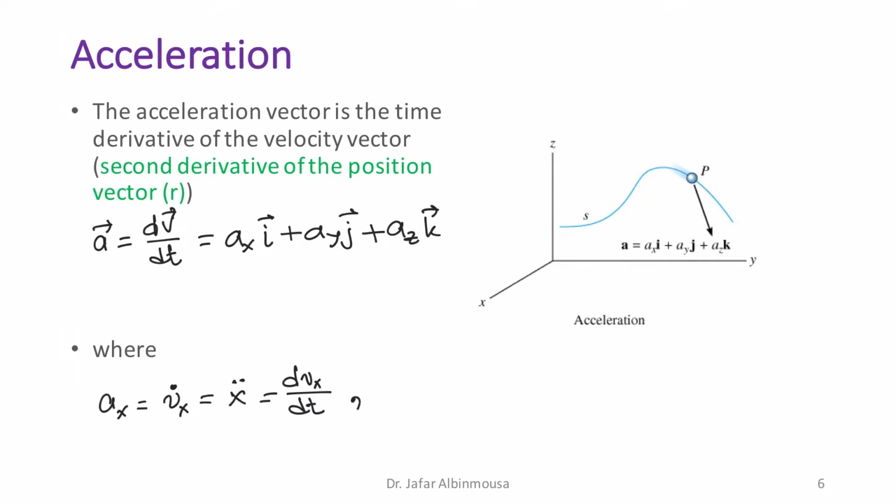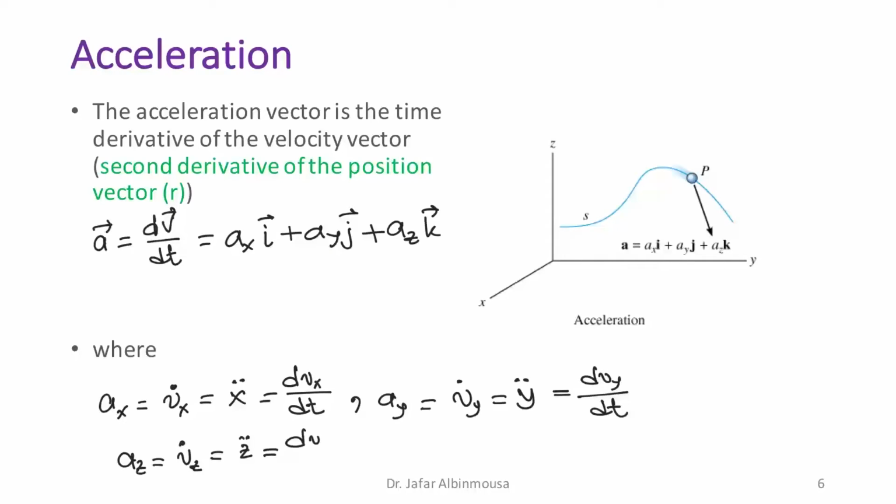Similarly, ay equals v dot y, which equals y double dot, which is equal to dvy over dt. And finally, we have az, which is equal to v dot z, which equals z double dot, which is equal to dvz over dt.